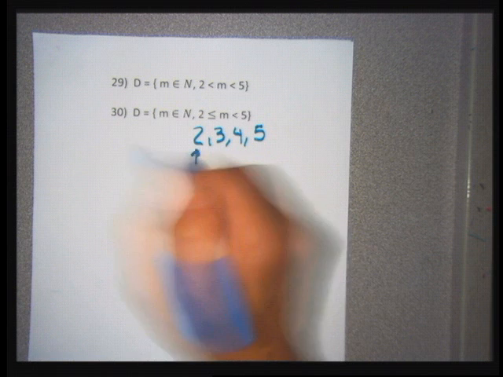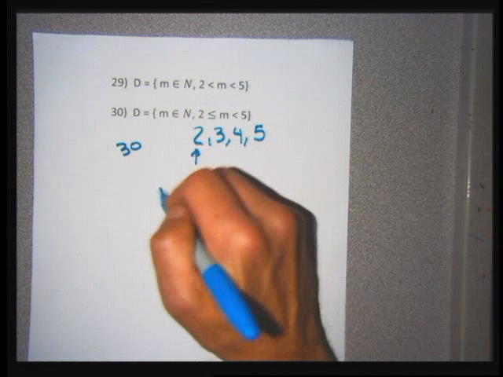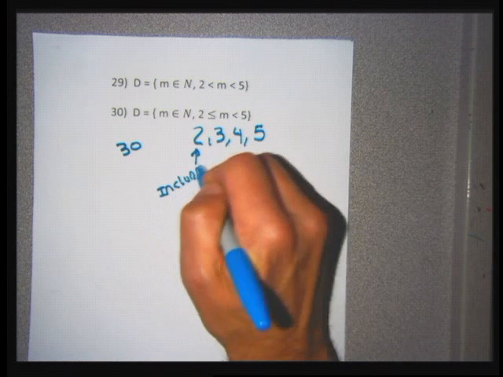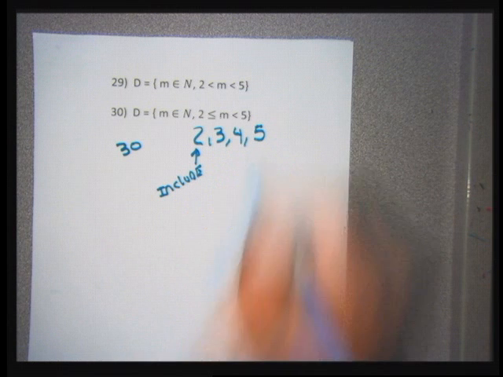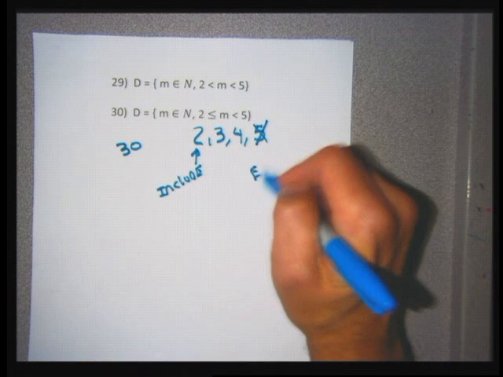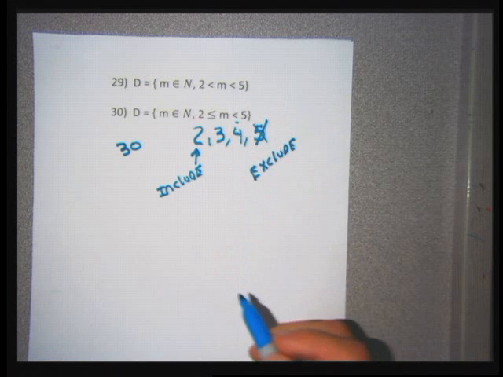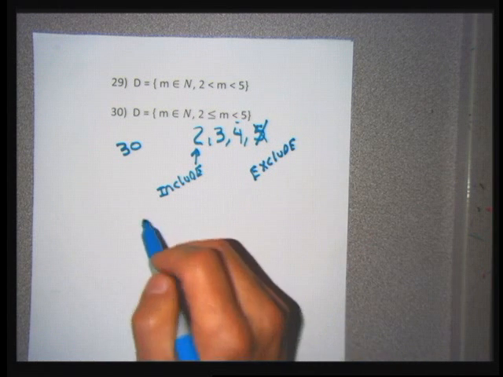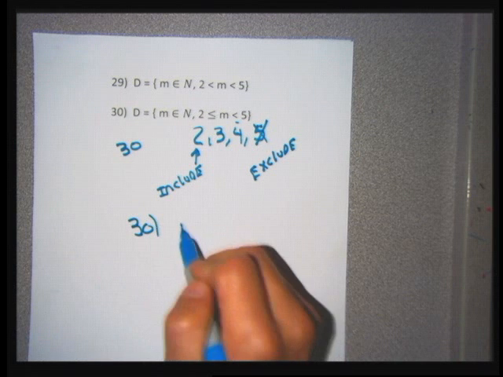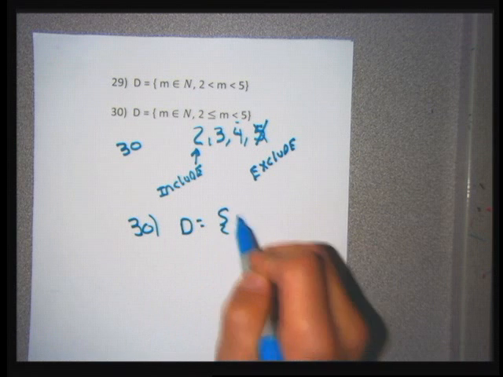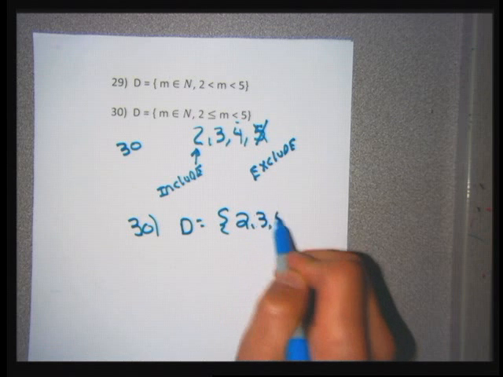For 30, I'm going to include the 2 because of the or equal to, but I'm going to exclude the 5 because I don't have the or equal to with the 5. So my answer to problem 30, the roster form for D, is going to be the set that contains just the numbers 2, 3, and 4.